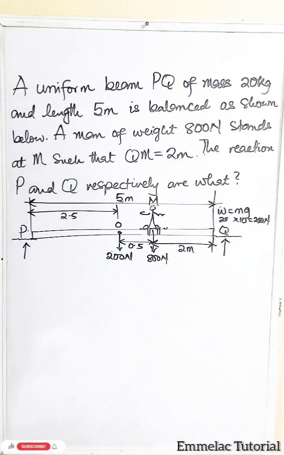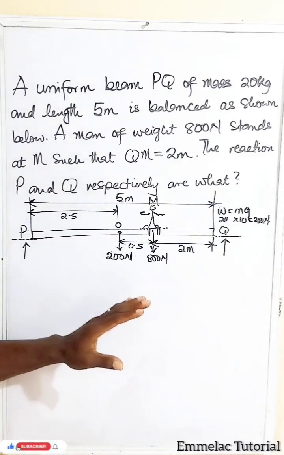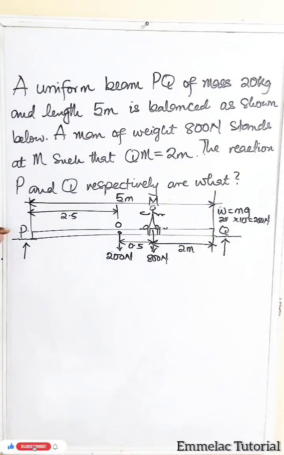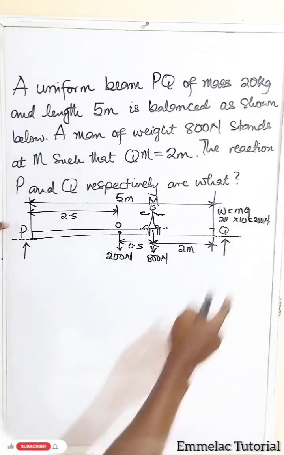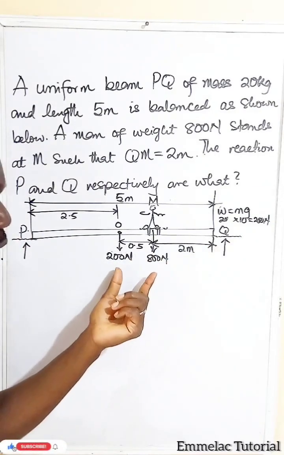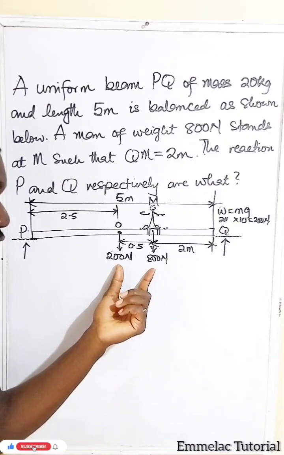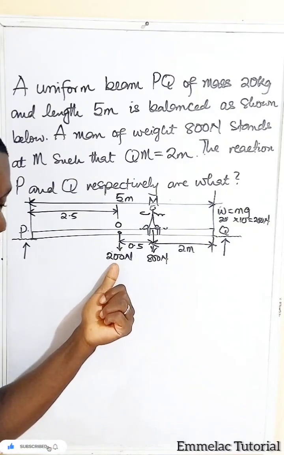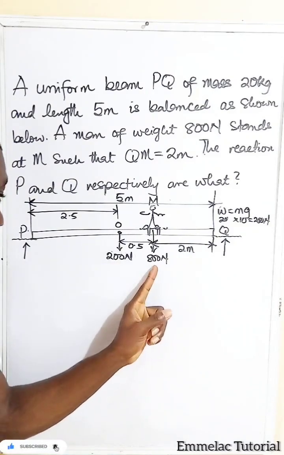Okay, now let us take moment. Take note, we are looking for the reaction of what? P and Q. Now let us take note that the sum of the reaction of P and Q must be equal to the downward action of the weight of the beam and the weight of the man standing.